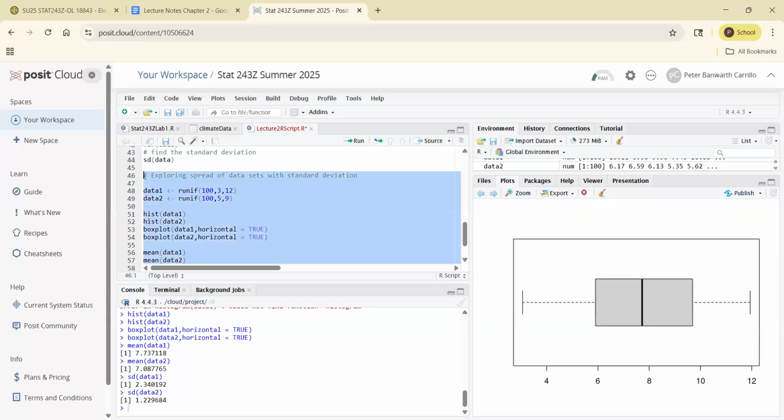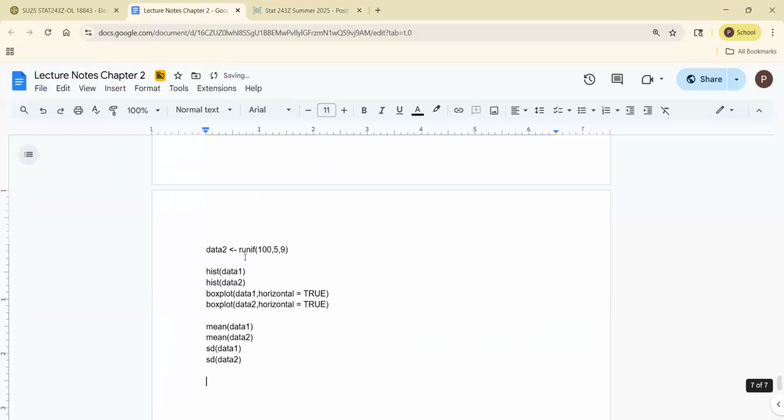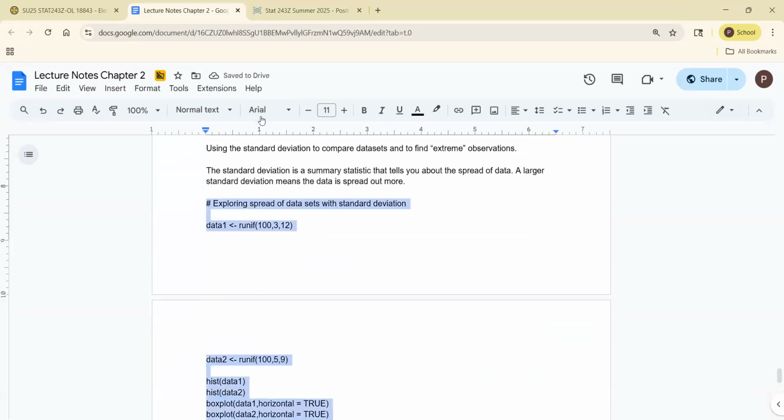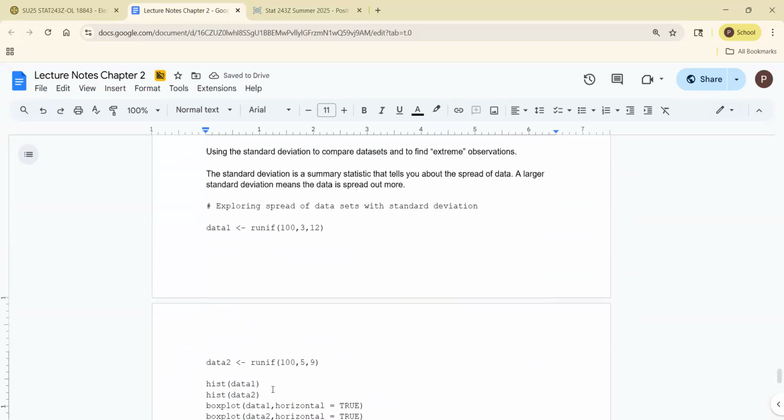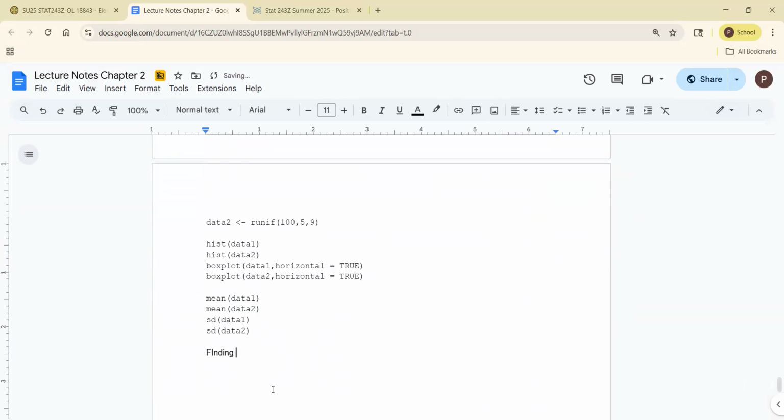The other use is finding extreme observations.